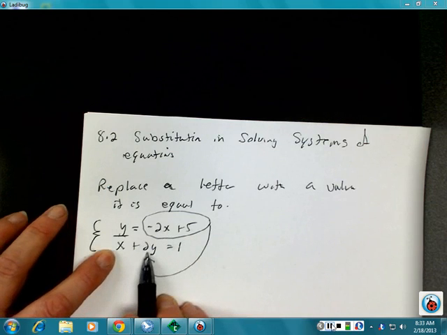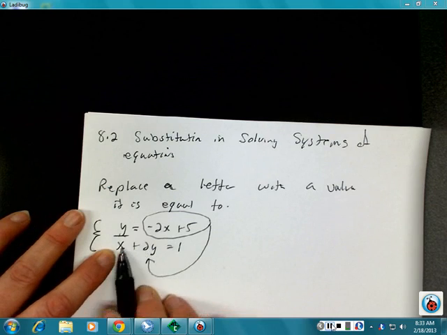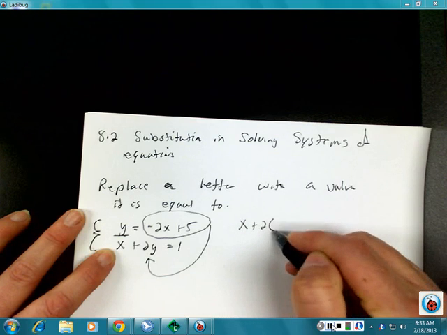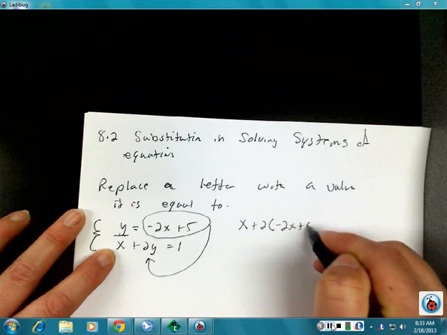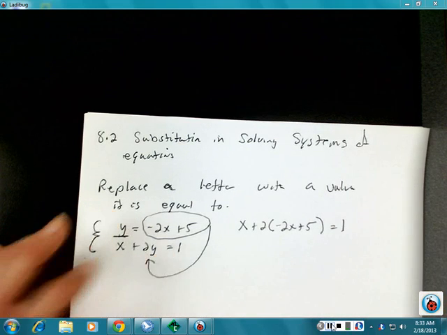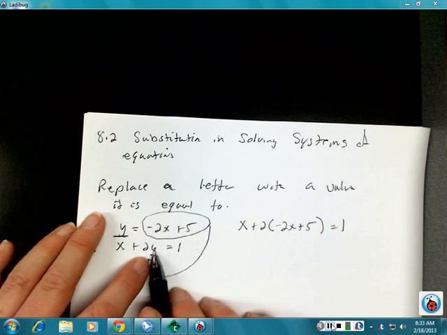And then it all becomes an algebra problem after that. So if I take this and replace it in there, I'm going to have x plus 2 times negative 2x plus 5 is equal to 1. So when you replace it, you're sticking it in the center.